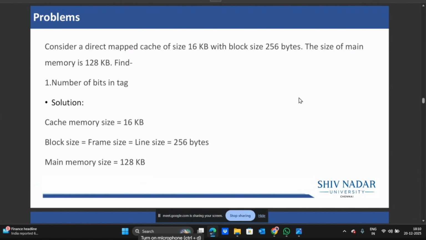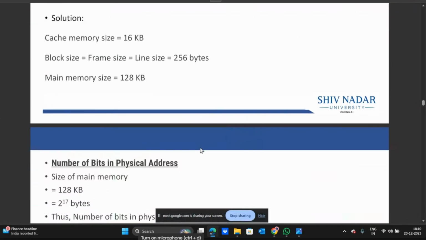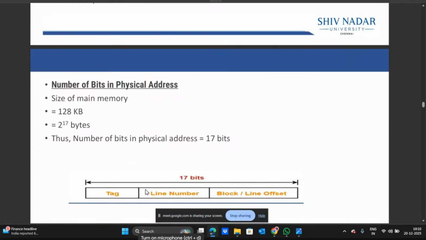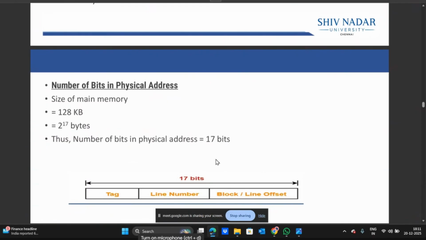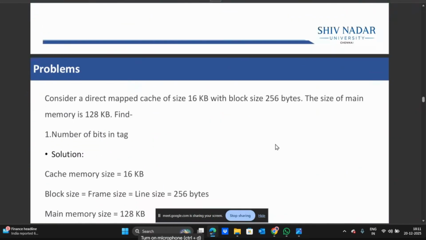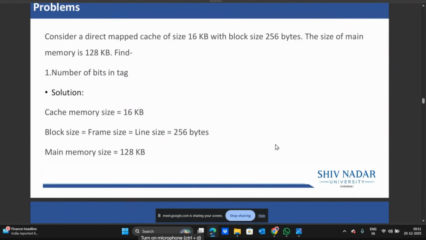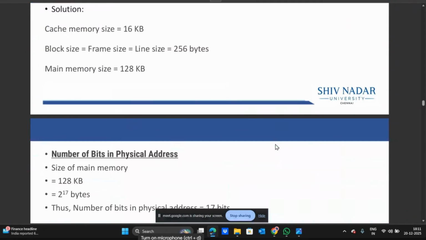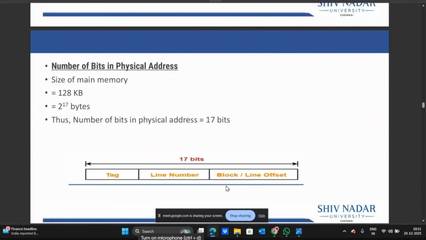In this, you have to find the number of bits which the tag occupies, the number of bits which the line number occupies, and the number of bits which the line offset occupies. So line offset, as I said, is 256 bytes, so line offset is 2 to the power 8, right? So 8 bits have gone to line offset.